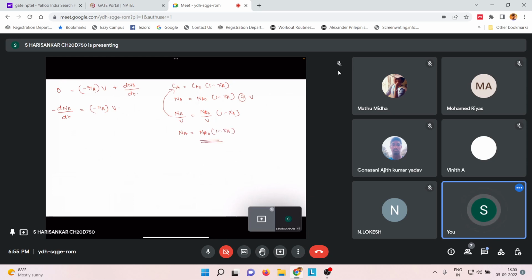Just put this Na equal to Na0 into (1 minus Xa) in this dNa term.